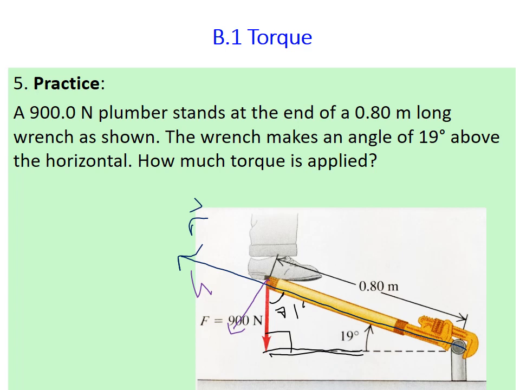So this is the component of the force vector that is actually perpendicular to the moment arm. And then, of course, we have our parallel component, but we don't care about the parallel. The parallel force does not apply any torque. And so this angle between the purple vector and the red vector is 19 degrees.